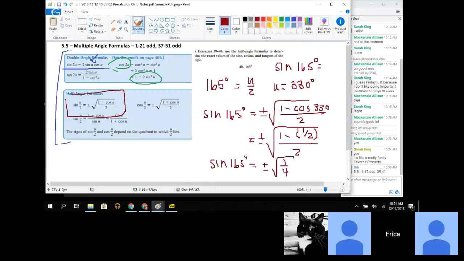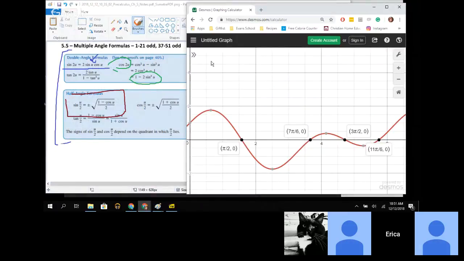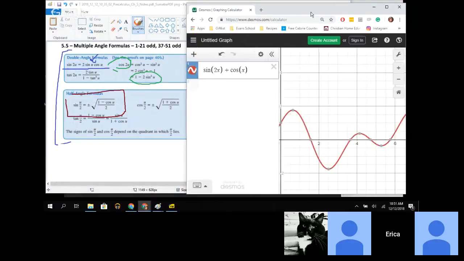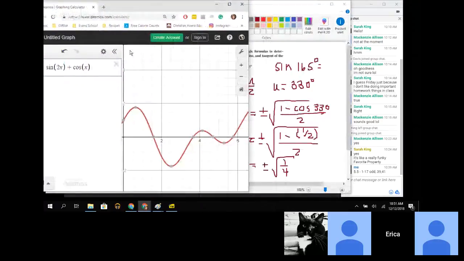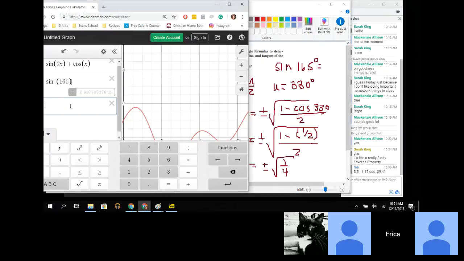Okay, and then if I double check that by using Desmos, the sine of 165 degrees, and I'm going to have to switch to degrees because I'm in radians, should equal the square root of 1/4. Right now they don't equal that.